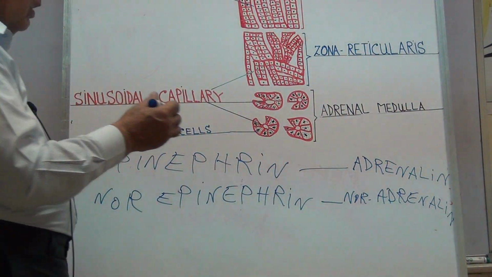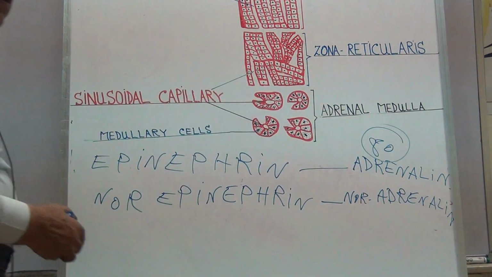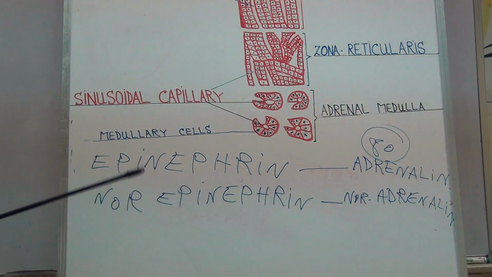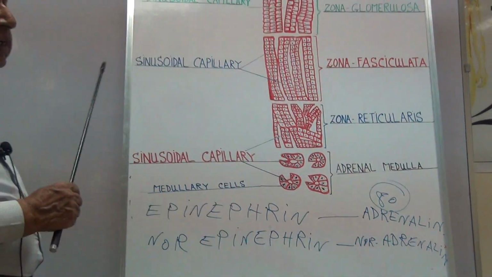About 80% of the secretion forms adrenaline. So that was about the adrenal gland.